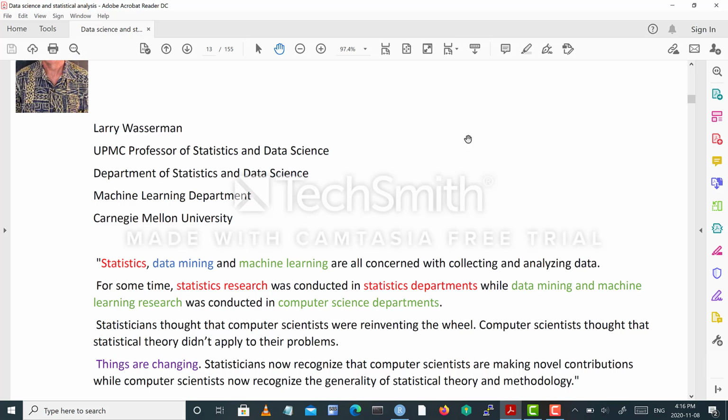Computer scientists saw that statistical theory didn't apply to their problems. Things are changing. Statisticians now recognize that computer scientists are making novel contributions, while computer scientists now recognize the generality of statistical theory and methodology.